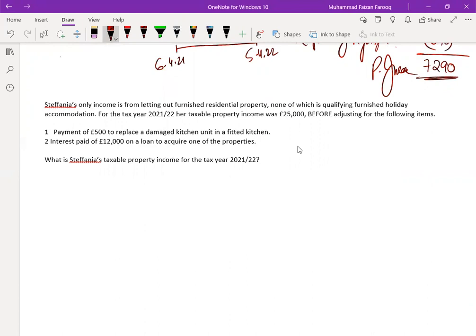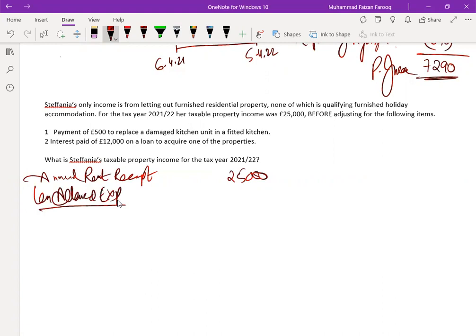For the tax year 2021 to 2022, her taxable property income was £25,000 before adjusting for the following items. 1. Payment of £500 to replace a damaged kitchen unit. 2. Interest paid of £12,000 on a loan to acquire one of the properties. What is Stephania's taxable property income for the tax year 2021 to 2022?